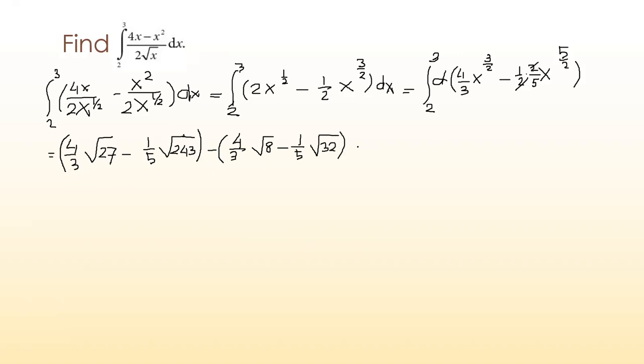Okay, let's calculate. 4 thirds, factorization, 27 minus 8 like this.